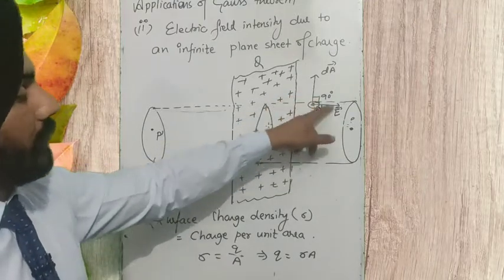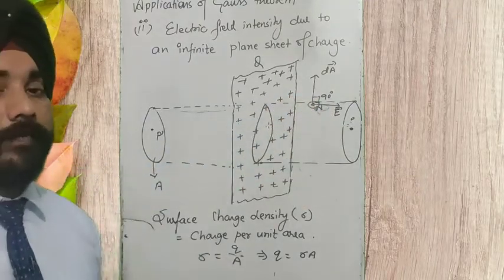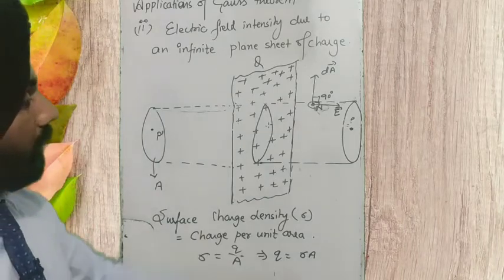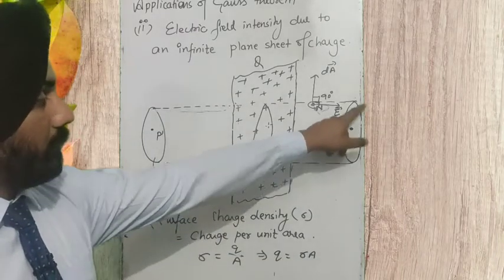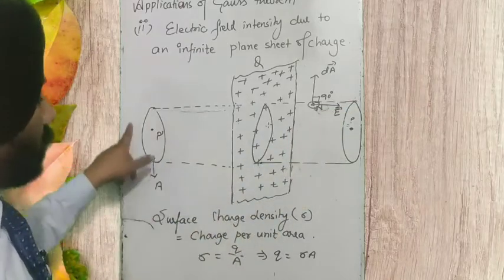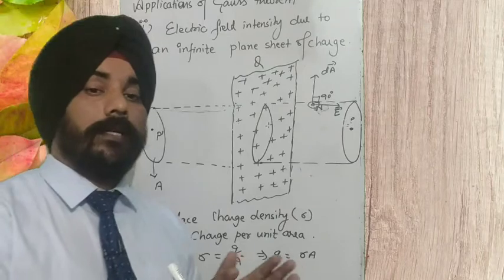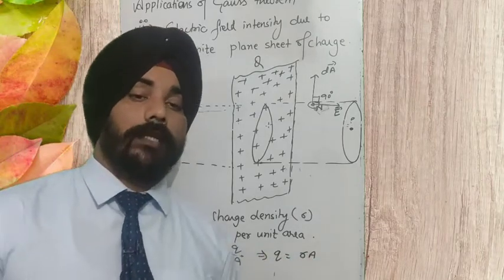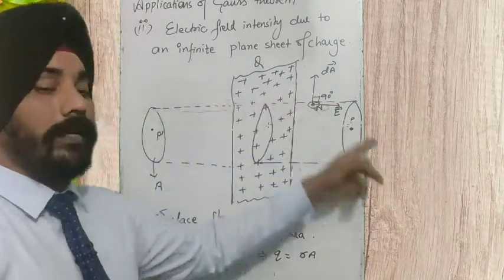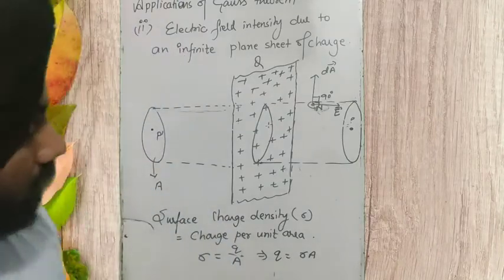That means no electric flux passes through the curved surface. Only the cross section at point P and the cross section at P dash contribute to the electric flux coming out of this cylindrical Gaussian surface.